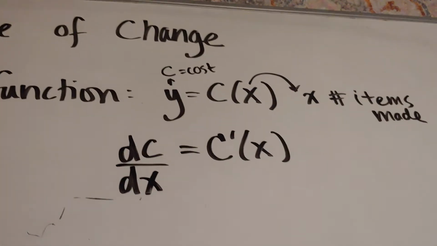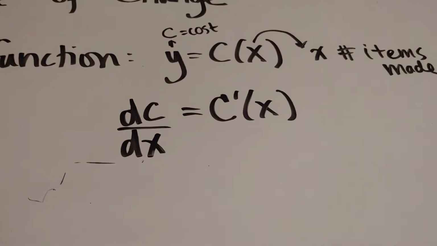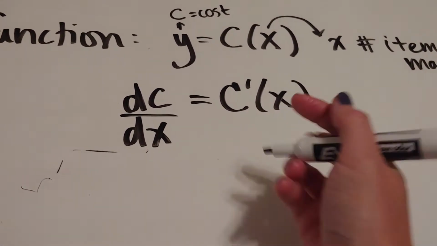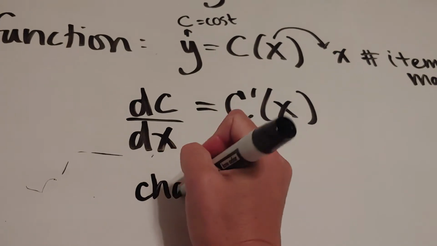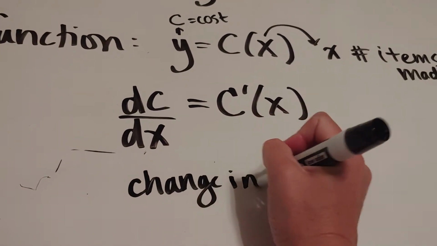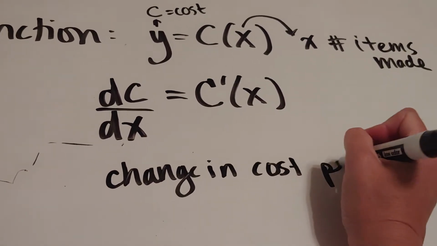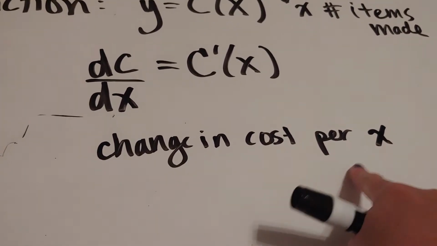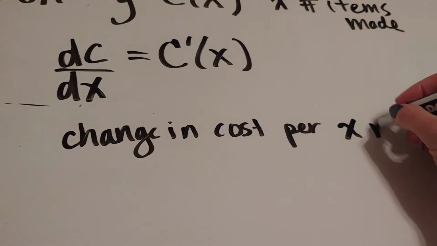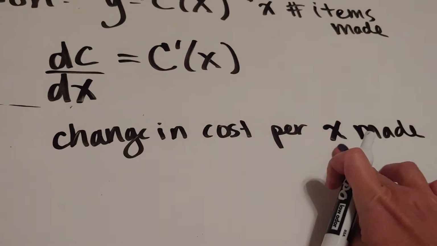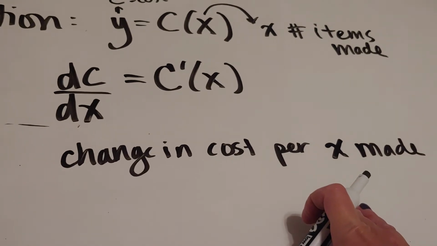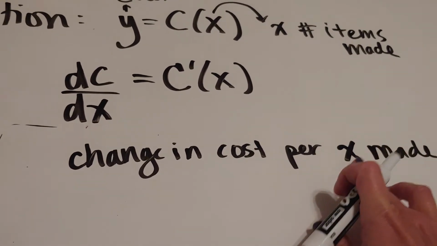All right, so what this derivative, dC dx, is measuring is the change in cost per x. So in this case, change in cost per shirt made, okay? Or if I was selling, I don't know, slushies, or you name it, whatever my product is.